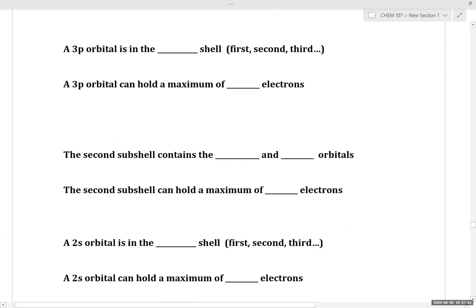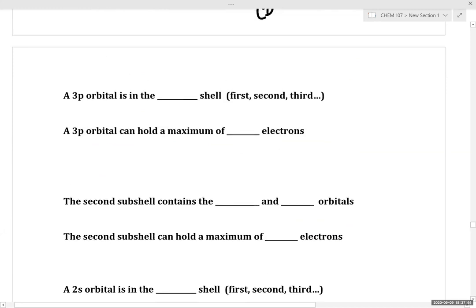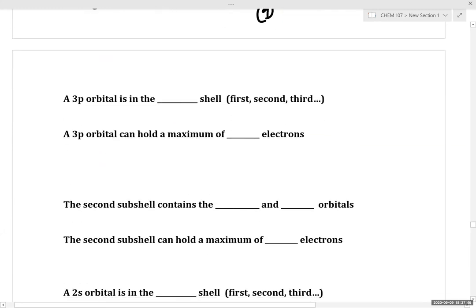Okay, so let's play a little bit of a game here, and let's fill in the blanks. A 3p orbital is in what shell? First, second, or third? When we dissect the 3p, the number in front is our n value.